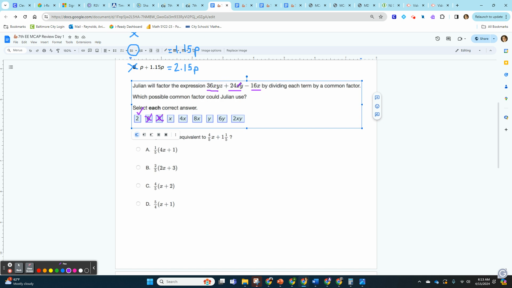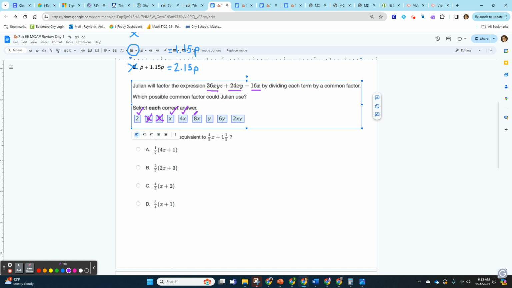x. Does every term have an x? Yes. 4x: first, is every number divisible by 4? 36, 24, 16. Yes, 4 goes into all of those numbers. Does every term have an x? Yes. So 4x works.